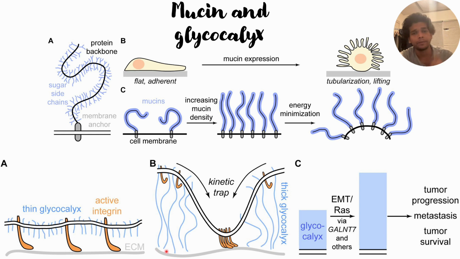However, because of some epigenetic changes or mutations within the cells, which usually occur when the cells are progressing towards converting themselves into tumor cells, the thin glycocalyx layer will start to increase and become thick, as we can see in panel B. This thickness will increase to the extent that the integrin will not be able to overcome it and do the cell-cell interaction.